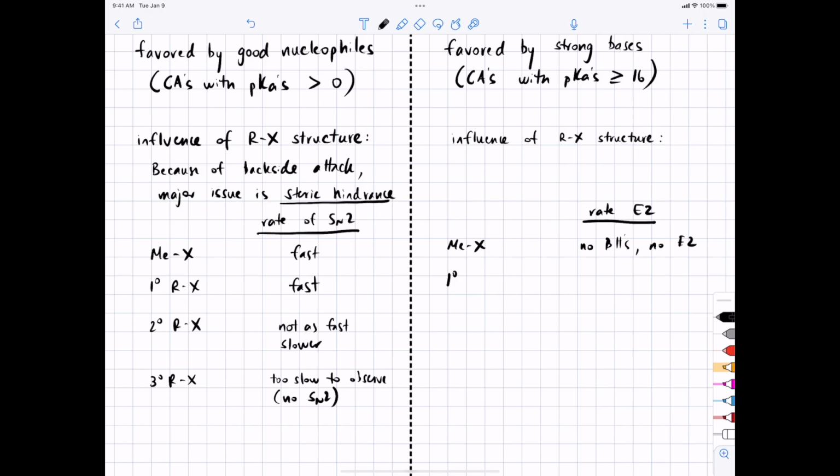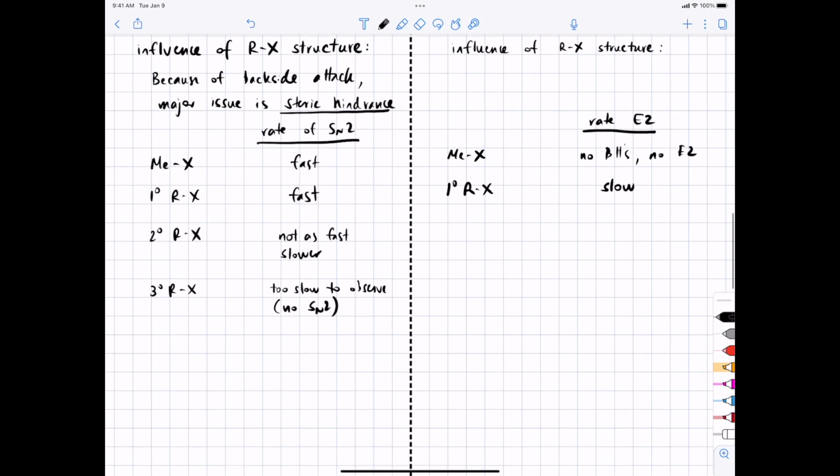For primary alkyl halides, the rate of E2 is very slow. It picks up for secondary alkyl halides, gets a little bit faster, and is quite fast for tertiary alkyl halides.